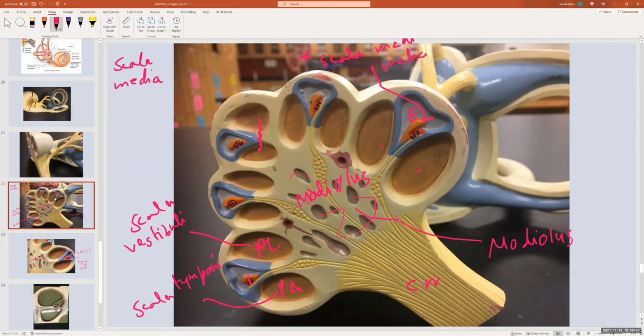See how here they are separated, but here these 2 are joined. This joining part, refer to this as the helicotrema. Helicotrema, right there.